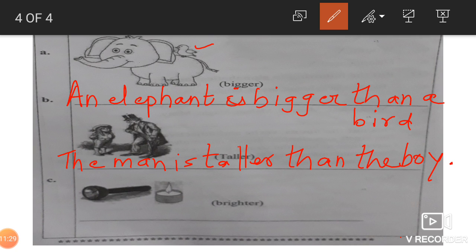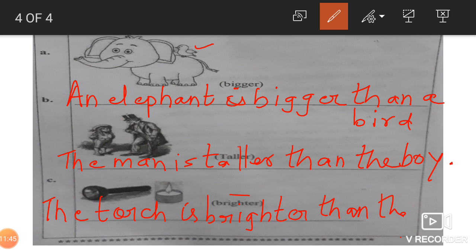Next is a torch. So the torch, the torch is, here it is given brighter. So same word use करना है बेटा आपको, brighter than the lamp. Okay, दिया को इंग्लिश में लैम्प बोलते हैं, so lamp. Okay.